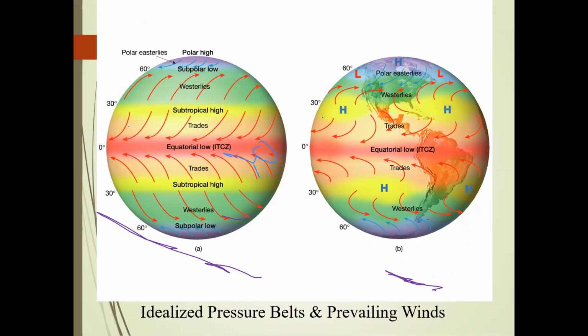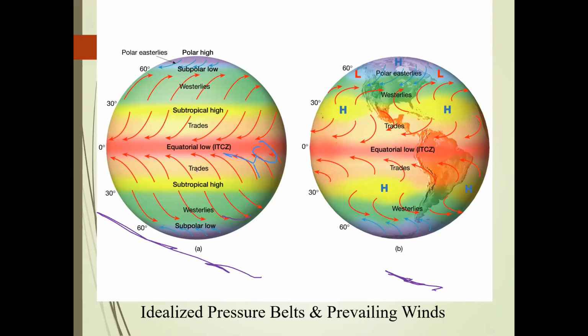How does that happen? Remember, in a high pressure system, air diverges out of the high in a clockwise motion. In a low pressure system, air is moving counterclockwise into an area of low pressure. So let's just concentrate on the westerlies and the northeast trade winds.